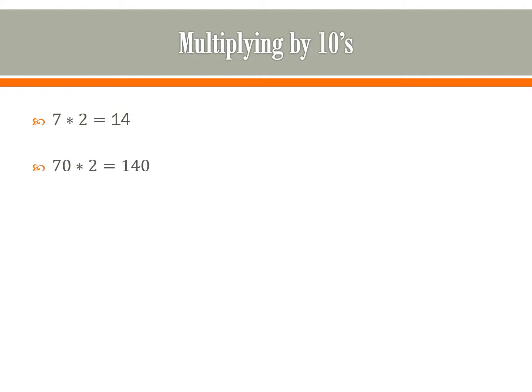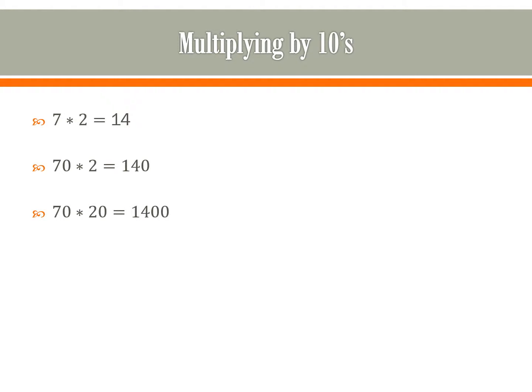If I were to do 70 times 2, you're going to end up getting 140. If you notice, all we did is add a 0 to the 7, and by doing so we also added a 0 to the 14.